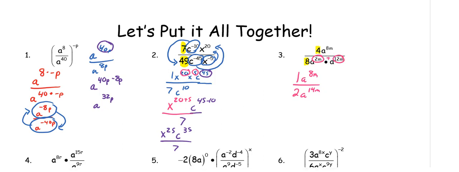Now the larger exponent is in the denominator with the 14m, so I can go ahead and subtract my exponents. So in the numerator, I'm left with 1, and in the denominator, I have 2a to the 6m, because 14 minus 8 is 6m.